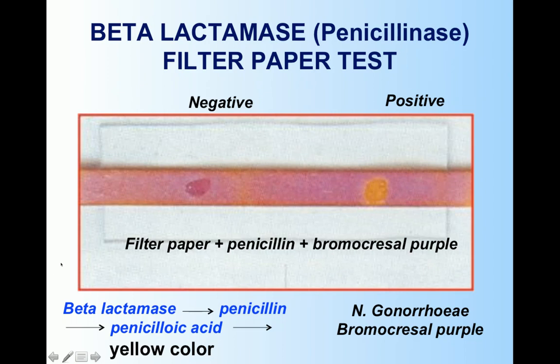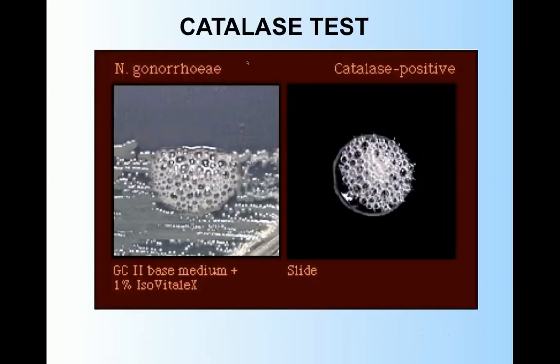If the organism is producing beta-lactamase, this will act on penicillin and convert it into penicilloic acid, and you will get this yellow color indicating that beta-lactamase production is there and the test is positive. And Neisseria gonorrhoeae are going to produce beta-lactamase. Not all Neisseria gonorrhoeae, but some of the species are going to do that.